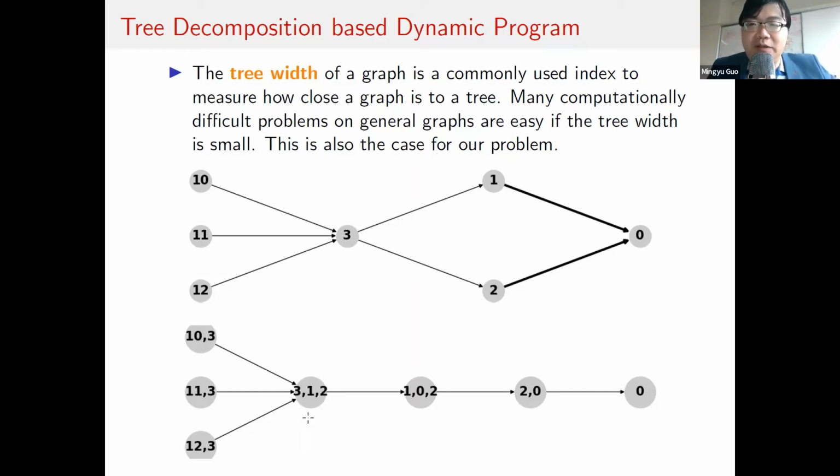We care about this separator because it can form the basis of a dynamic programming algorithm. The dynamic programming algorithm goes like this. We would start from the bag containing the domain admin. And then we would decide how I should block the edges related to the domain admin, and later on, how do I block the edges related to 2 as well?